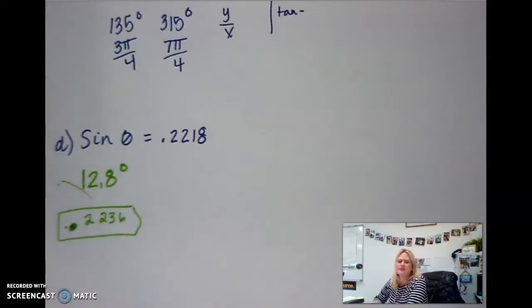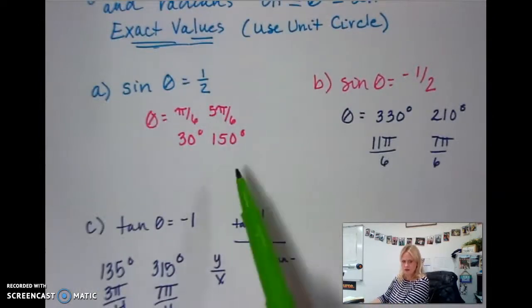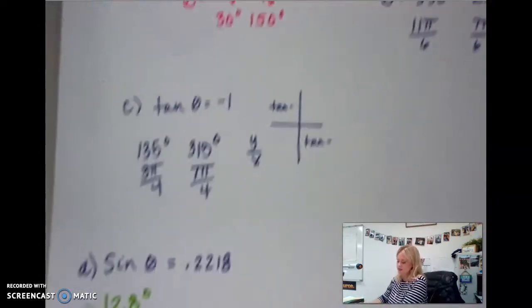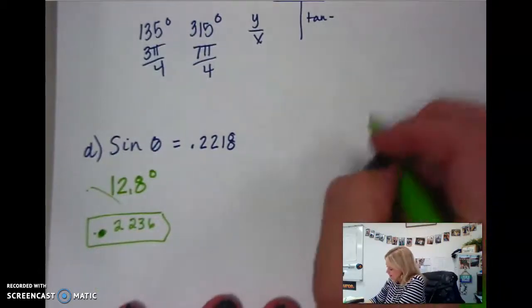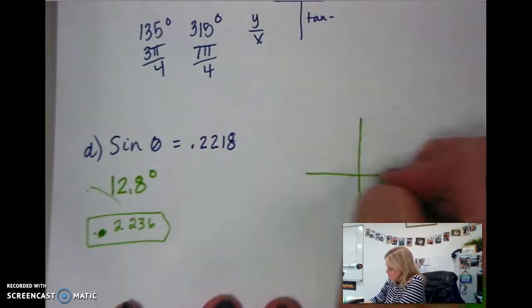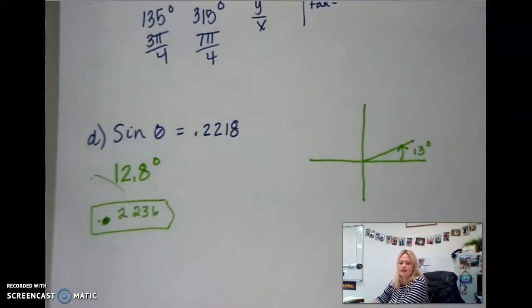Now, that only gave me one answer. Everything we've done up to this point has been giving me two answers. My calculator will only give me one solution. So I have to think about, this is almost 13 degrees. So where else is sine positive that I can find the other reference angle?